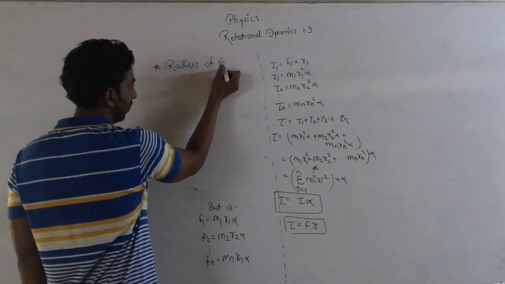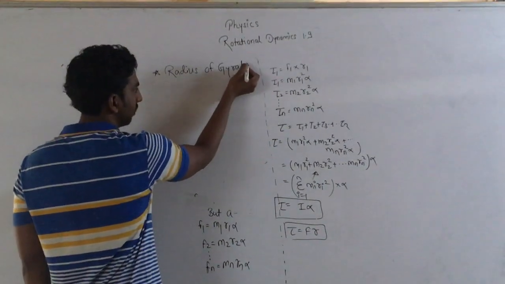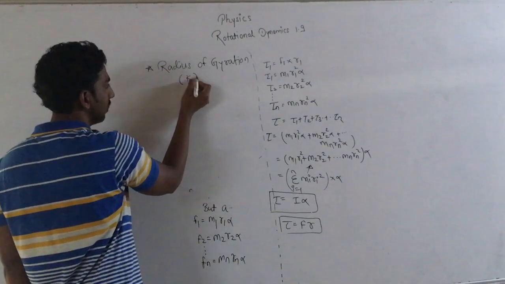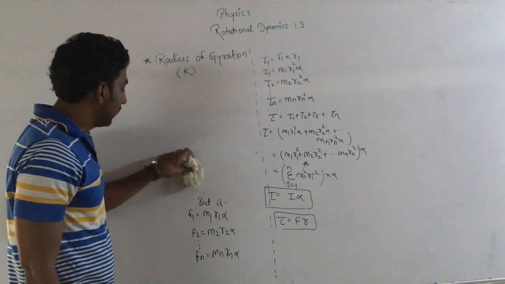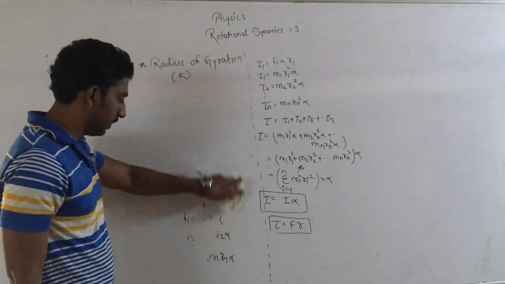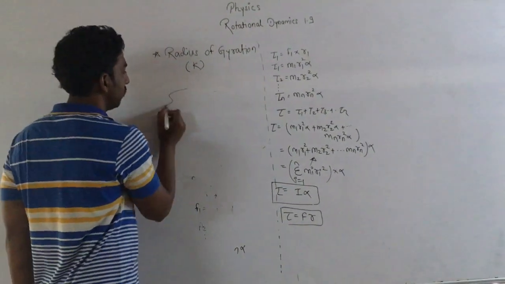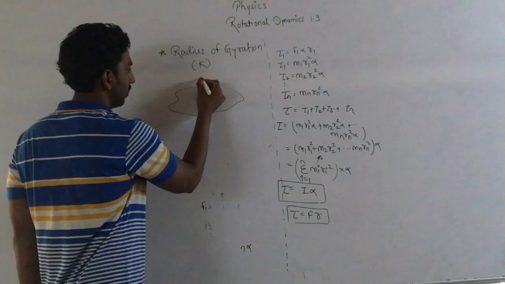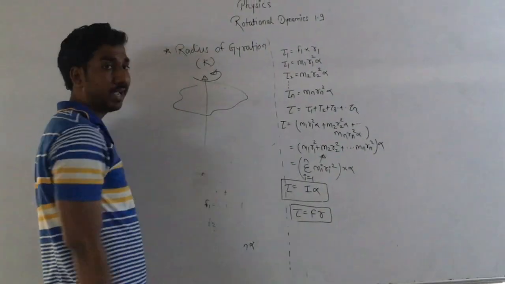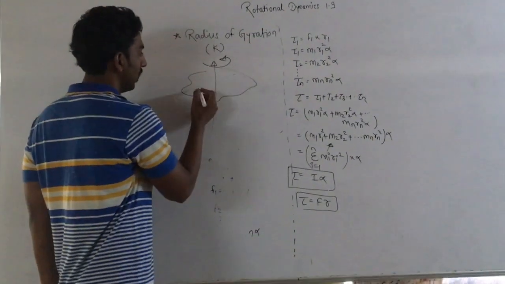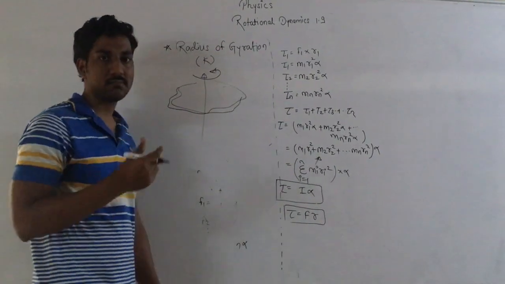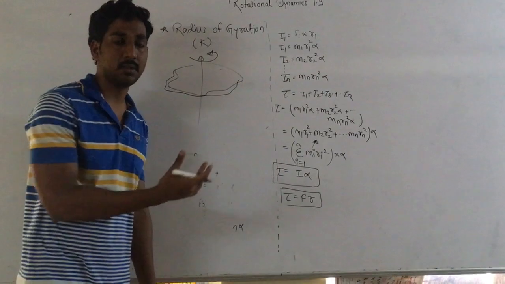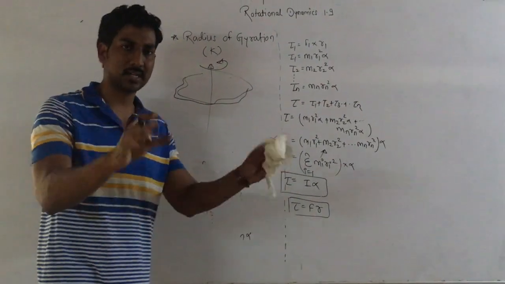Radius of gyration is the term I want to explain. Suppose again a body is there, moving in the anti-clockwise direction. Now this body will have some mass capital M, and it is again made up of M1, M2, M3, etc.